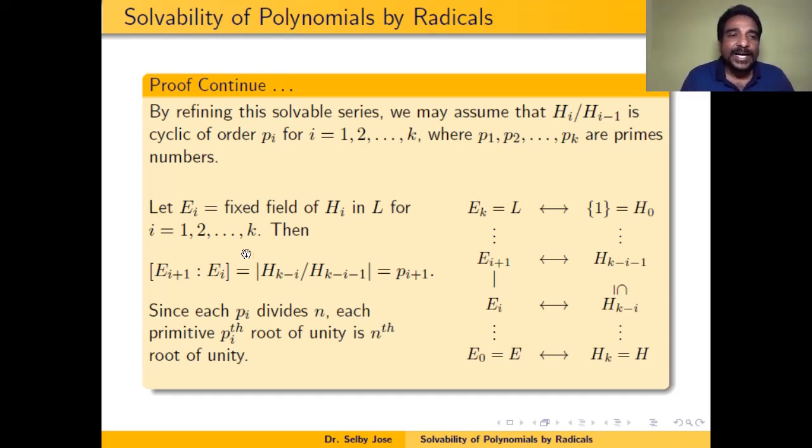So let Ei be the fixed field of Hi in L. Then the degree of the extension Ei plus 1 over Ei is the same as the order of the quotient group Hk minus i mod Hk minus i minus 1.